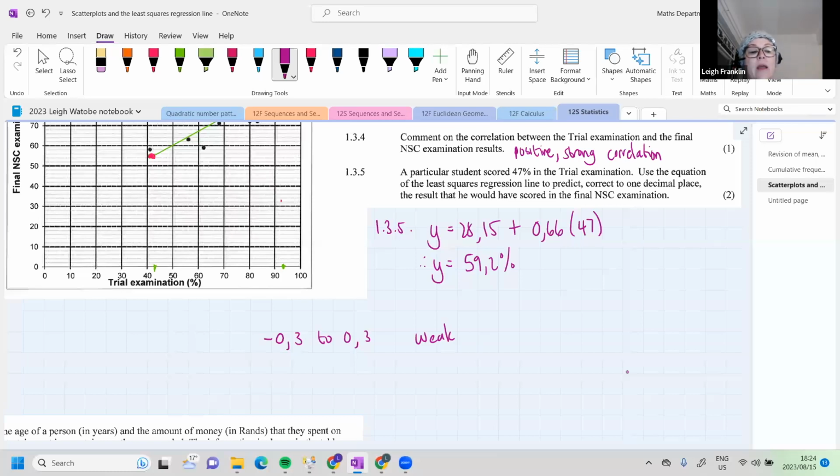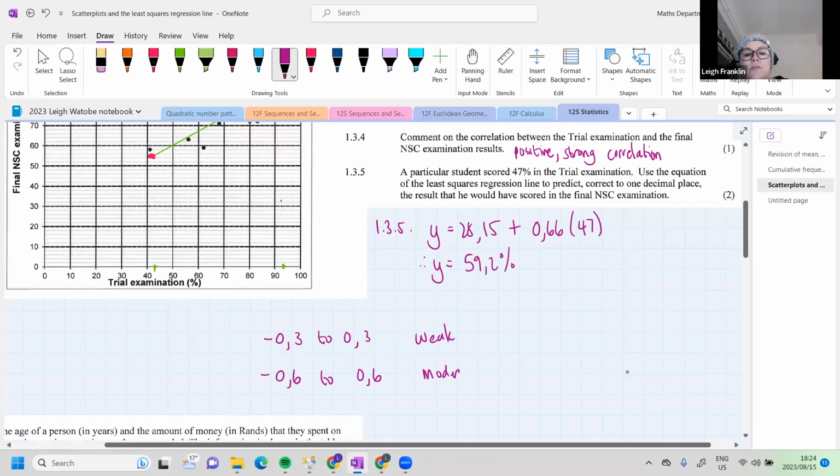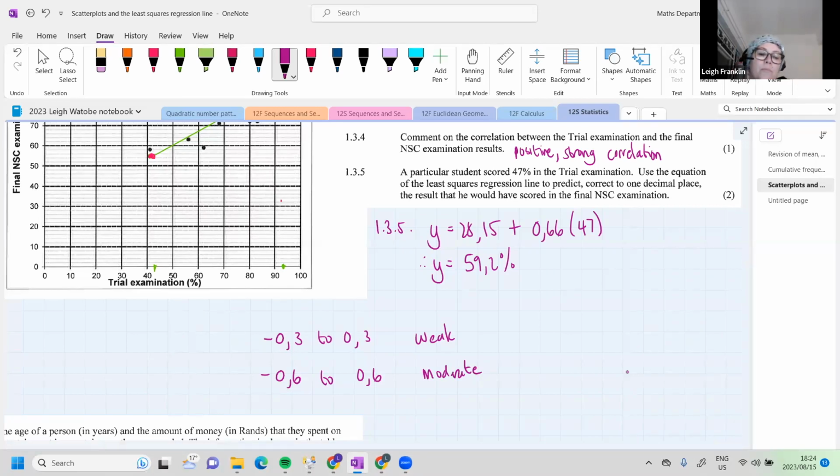Anywhere from negative 0.6 to 0.6 would probably be moderate. Anywhere in between these would be considered weak to moderate.